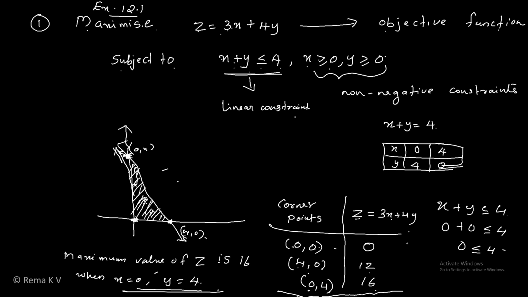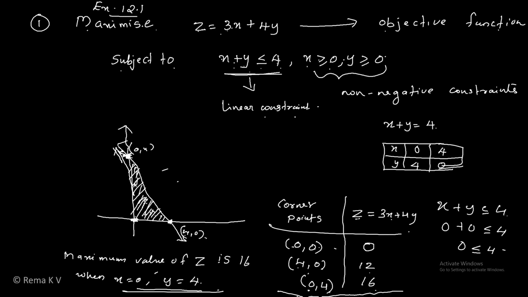Is the method clear to you? So the terms once again here: objective function, linear constraints, non-negative constraints, then x and y are called the decision variables.